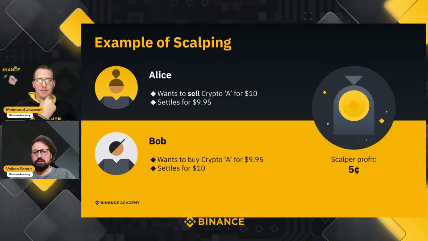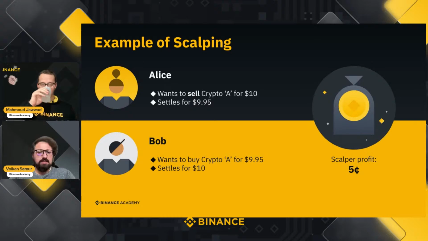Bob offers the crypto to the market at $10, but he doesn't get any takers. In this example, there's no trading fee, right? Bob is in a rush to sell, so he chooses to sell for $9.95 to a scalper.